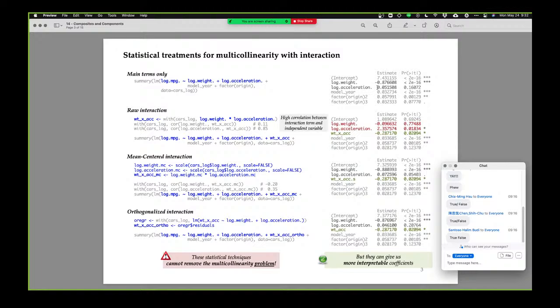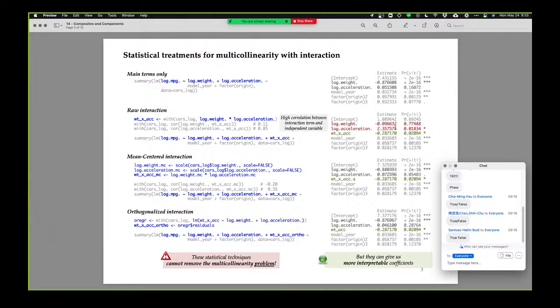And acceleration has also changed as we've gone from 0.05 and not being significant, to now 2.35, and its p-value has dropped quite a lot, to the point that, if you care about 5% significance, it's actually significant now. So these changes in estimates and changes in standard error are all because of the variance inflation caused by the multicollinearity with the interaction term.